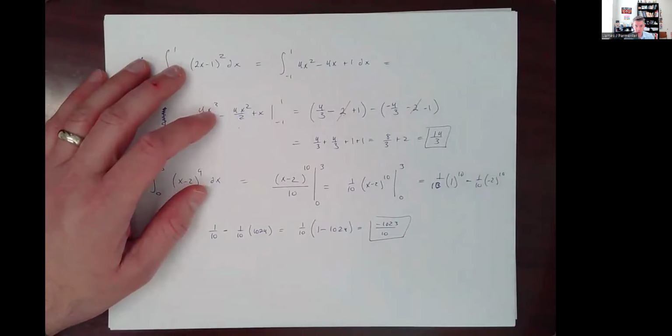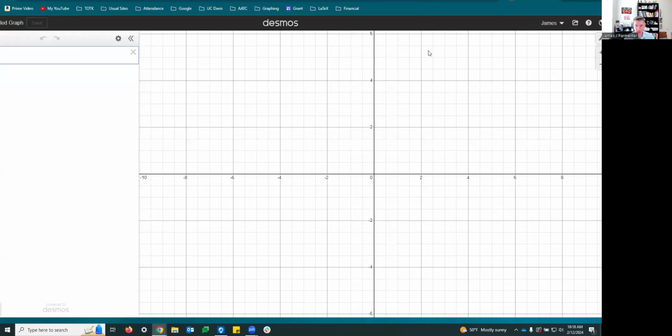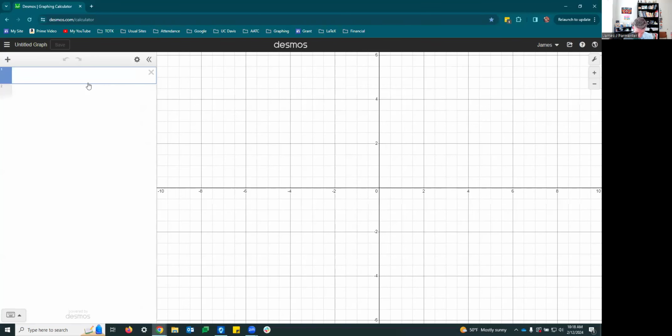If we graph the function x minus 2 to the 9th, I am curious now. There has to be a way to find area, I bet. That's an n, not a 9. So between 0 and 3, in fact, here's a cool thing.